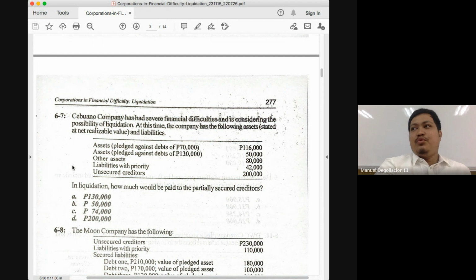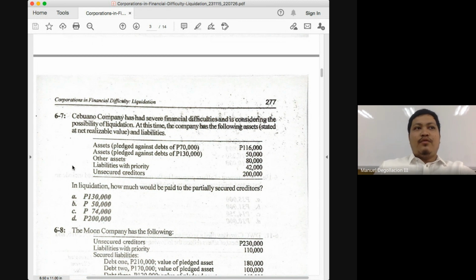Because for your unsecured without priority, it is very straightforward: amount of liability multiplied by the recovery rate. 200,000 multiplied by 30%, they will only recover 60,000. And that would be the answer if you are asked for the amount that will be received by your unsecured creditors without priority.